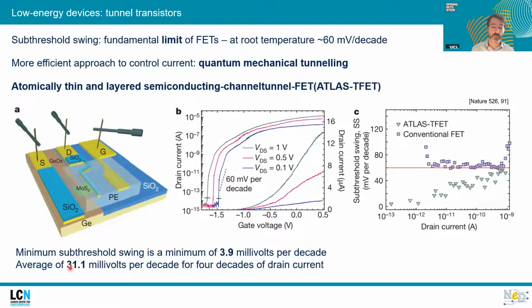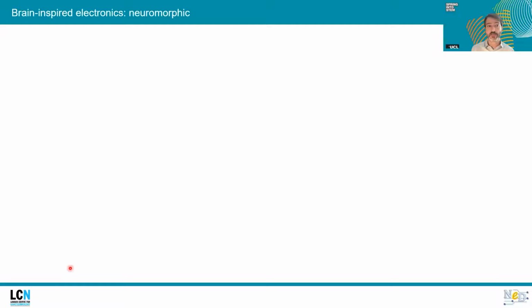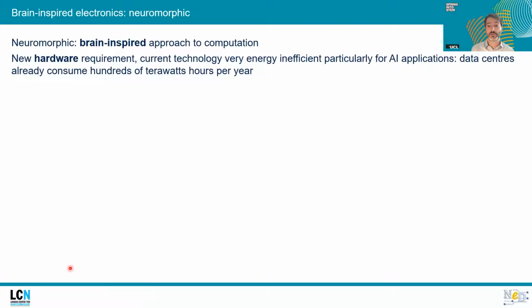So very, very important results. And finally, I also would like to mention that 2D materials can also be used for neuromorphic computing, which is a completely different approach to computation, inspired by the brain, and that requires new hardware. And that's because the way we perform computation, in particular computation for artificial intelligence, is incredibly energy inefficient.